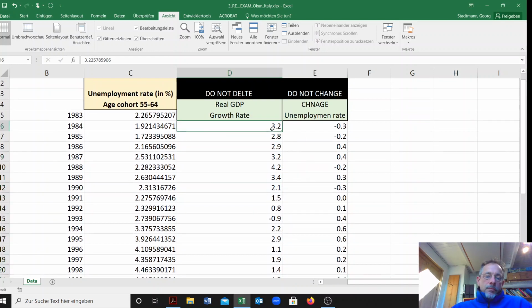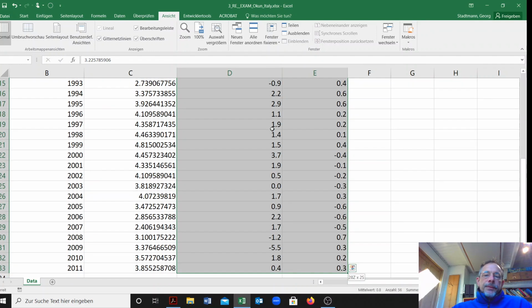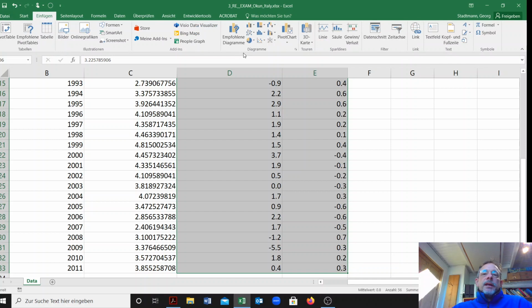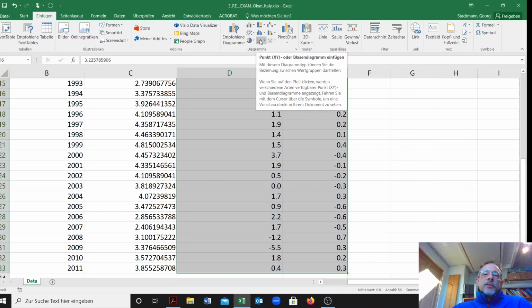Then we have to mark all the data. So this data is marked now, and then we go to Einfügen, Insert, XY scatter diagram, Punkt XY Diagramm, like this icon here.